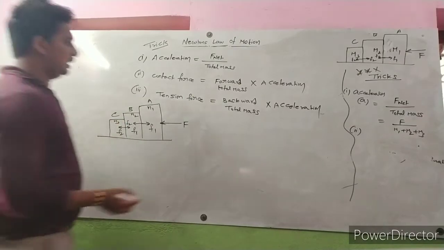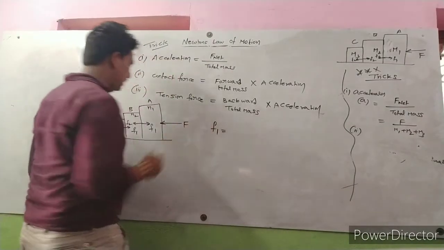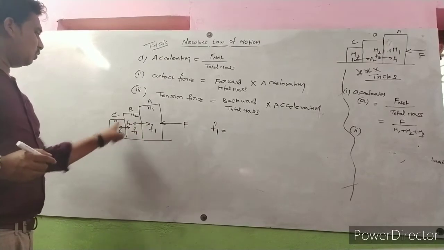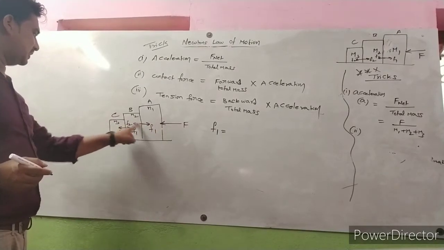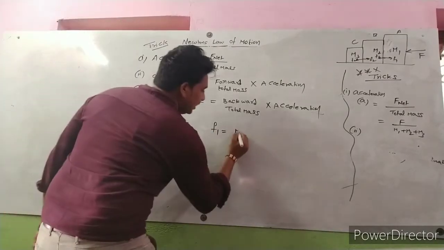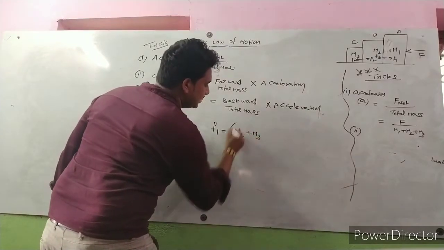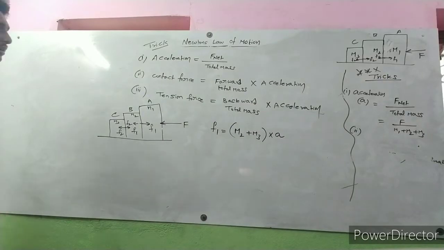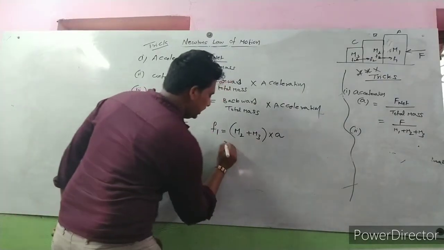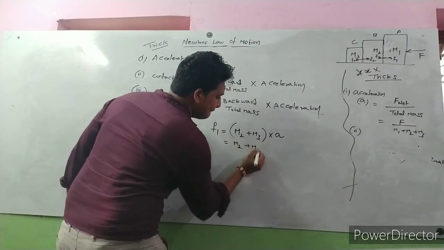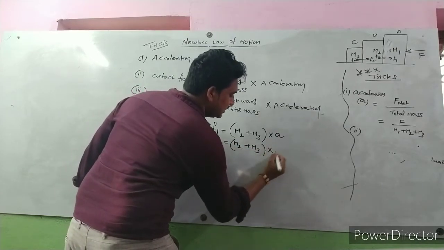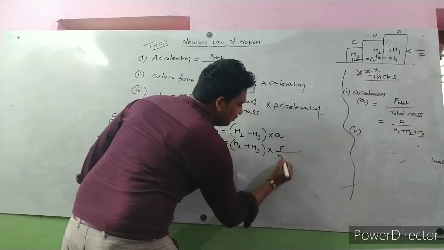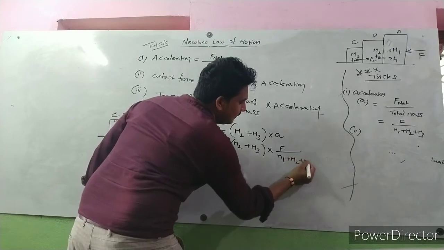Contact force F1 is equal to the frontward mass, force in this direction, the frontward mass sum M2 plus M3, total mass into acceleration. So apply here: M2 plus M3 into acceleration means F by M1 plus M2 plus M3.